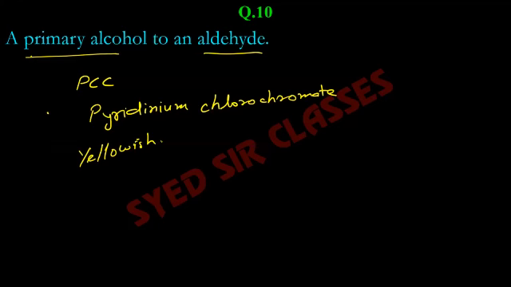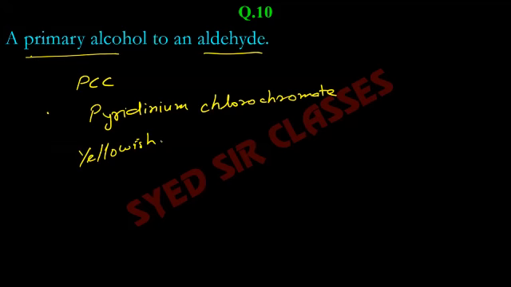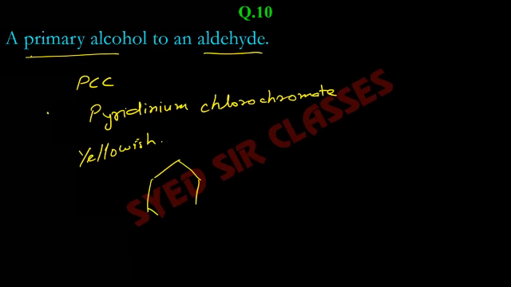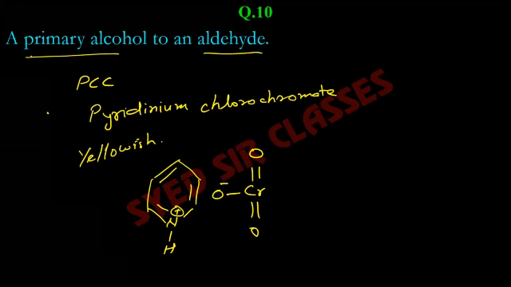If you want the formula, sometimes if you are preparing for JEE and NEET, it might be useful. The pyridinium structure is like this. This is the positive part, and then you have the chromate, which is the negative part, with O minus here, and Cl. Pyridinium chlorochromate.